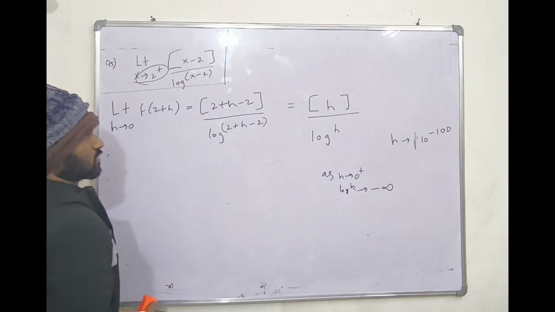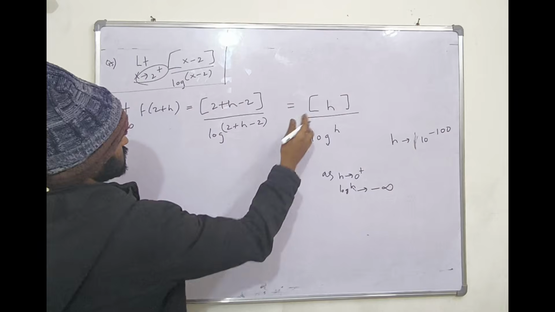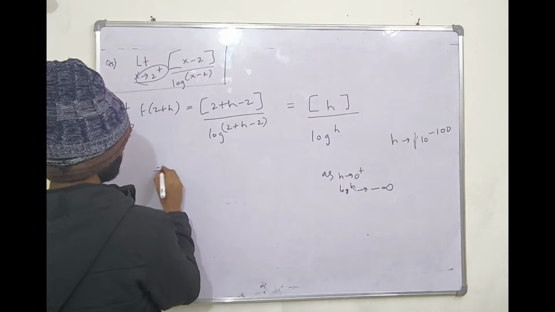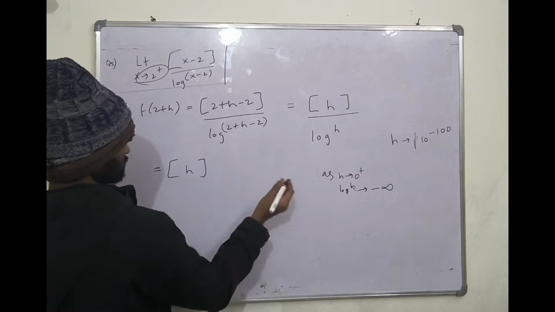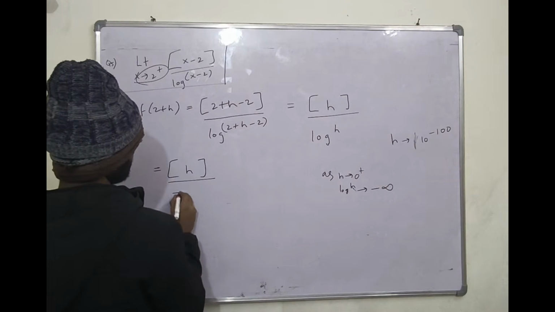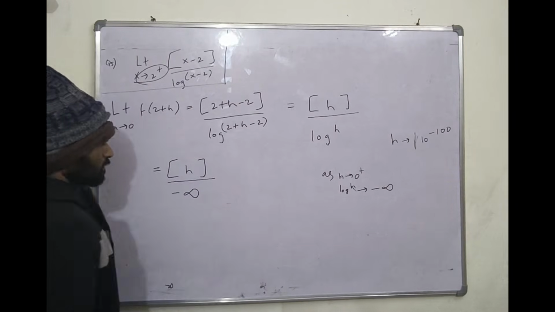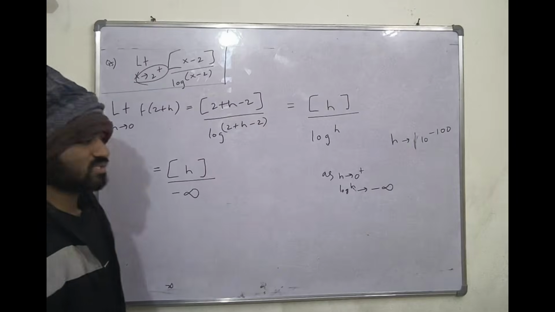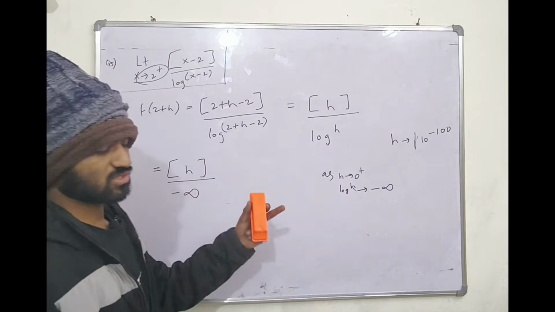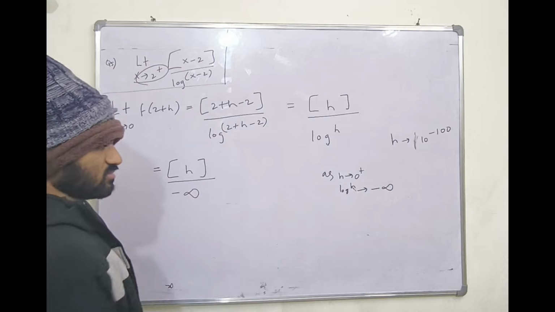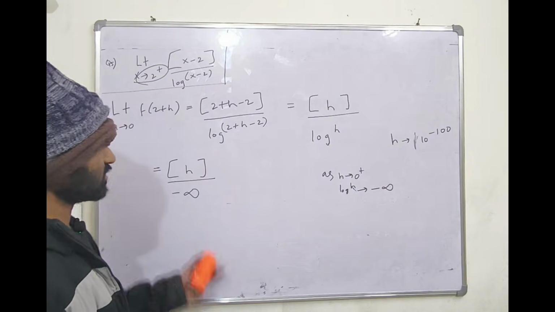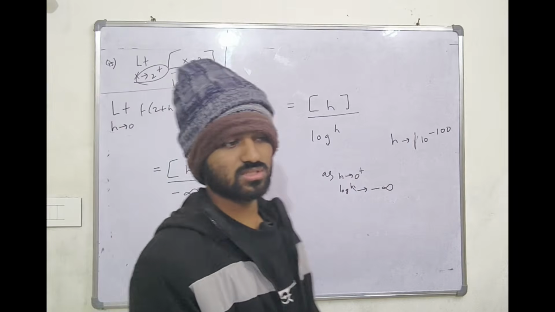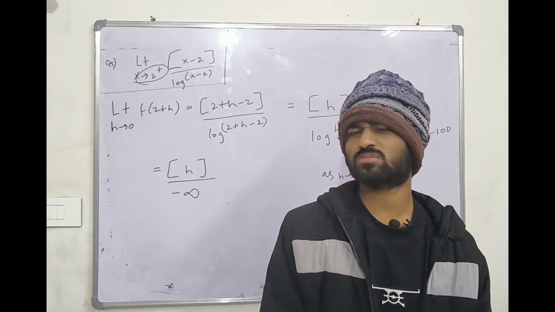Again, as I said already, here our value is step h by minus infinity. Since h is very small but just greater than 0, and it is less than 1 also, step h is between 0 and 1, so step h must be 0.